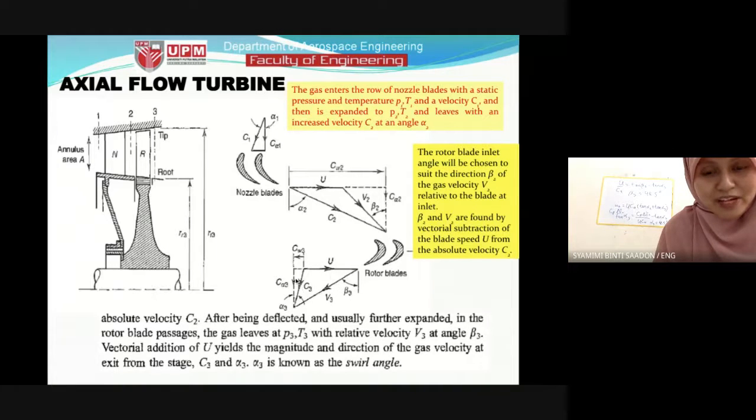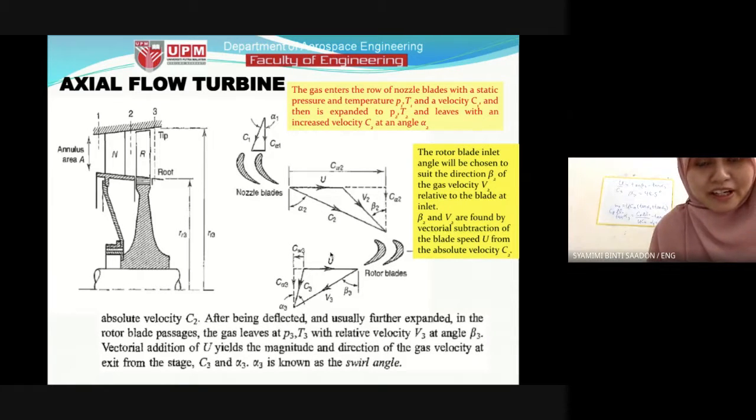Actually the absolute velocity of the fluid is c, but what we measure when the fluid exits the rotor is the relative velocity. So that's why this relative velocity follows the rotor blade's direction.